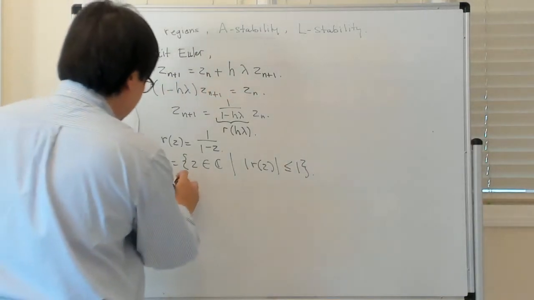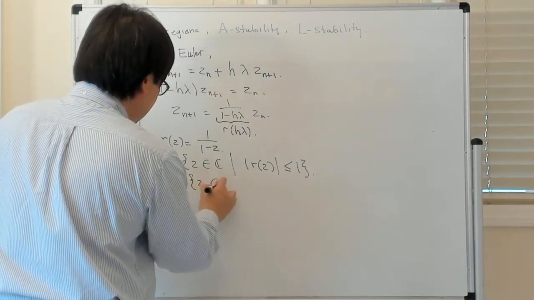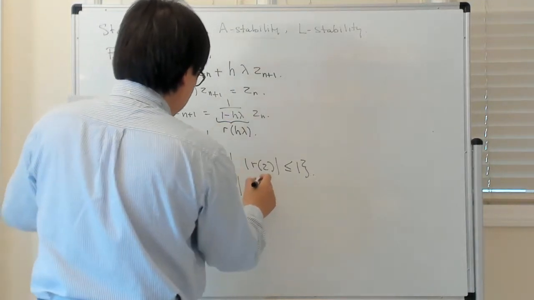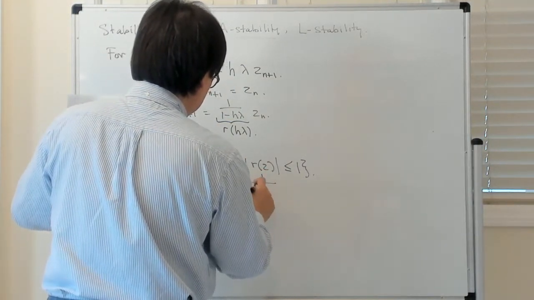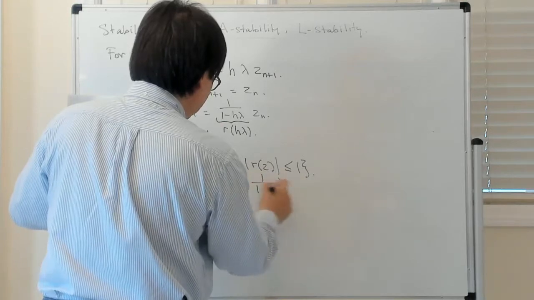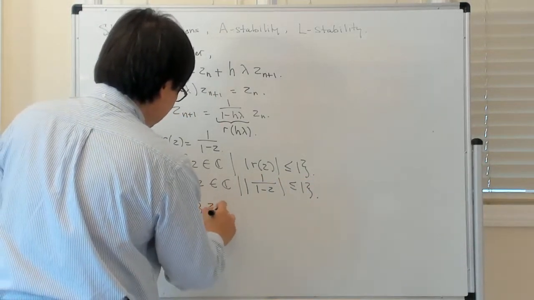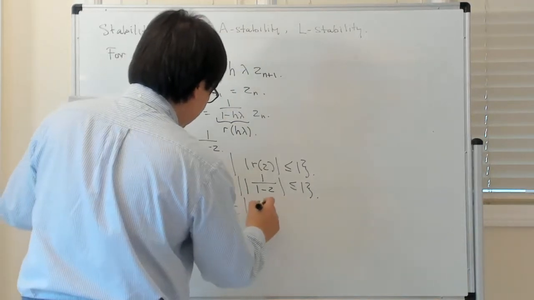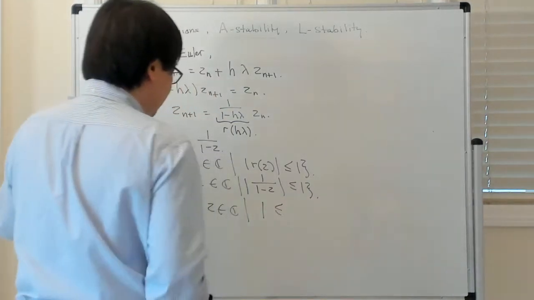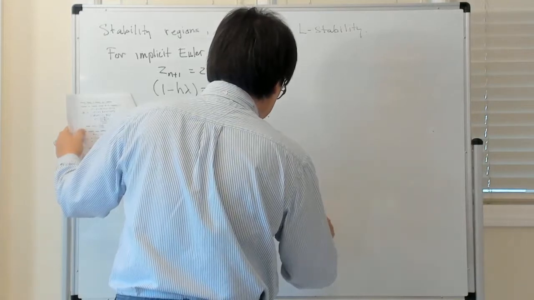So that is equal to z in the complex plane such that the modulus of 1 over 1 minus z is less than or equal to 1. And you can write this as the condition that 1 is less than or equal to the modulus of 1 minus z.